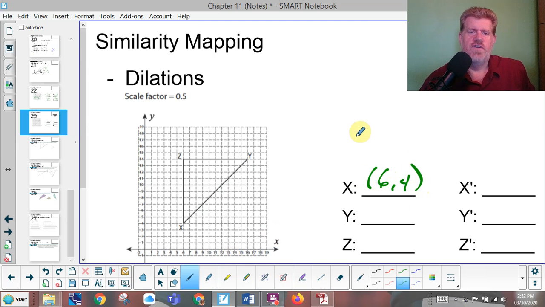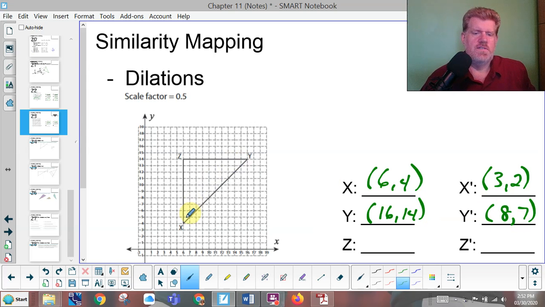So a scale factor of a half means it becomes 3, 2. Y is, what is that, 16, 14? Oh, that was nice, wasn't it? Half of that would be 8, 7. And Z would be 6, 14. Half of that would be 3, 7.